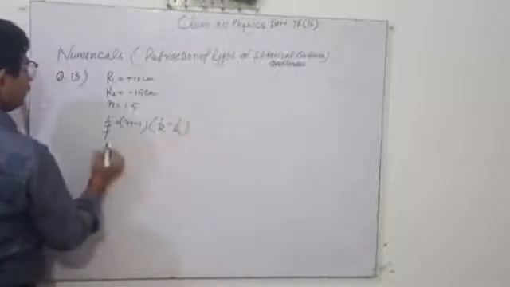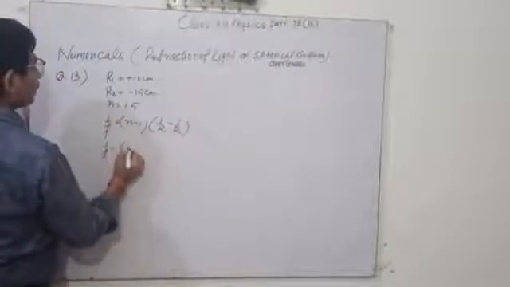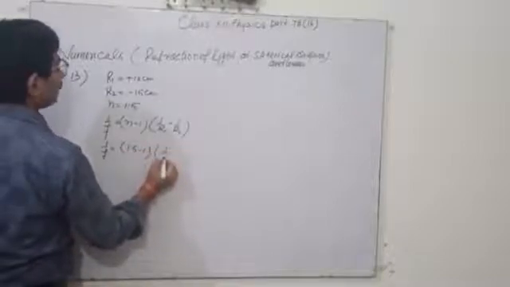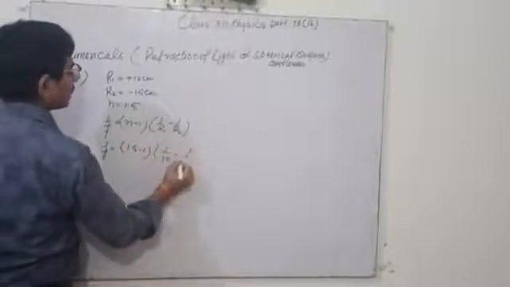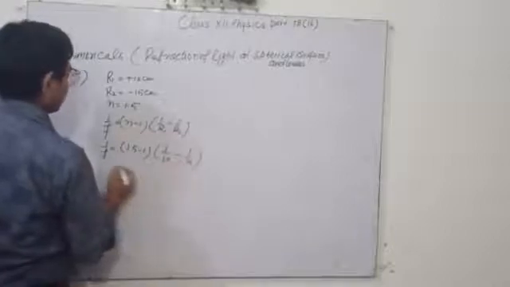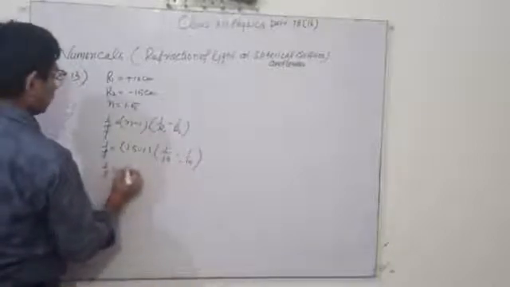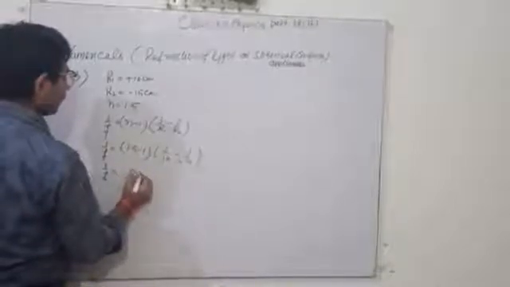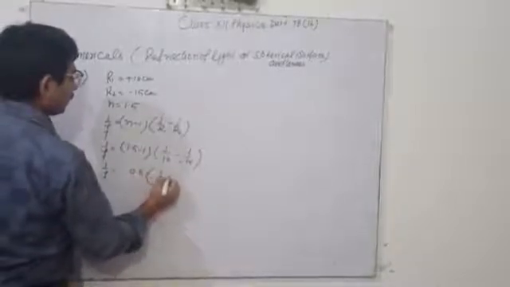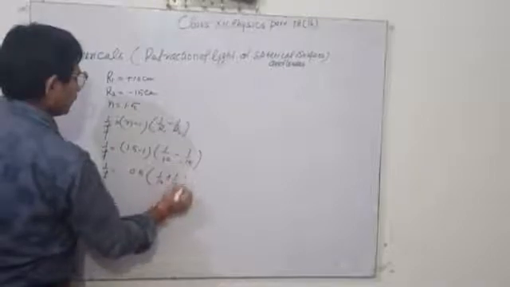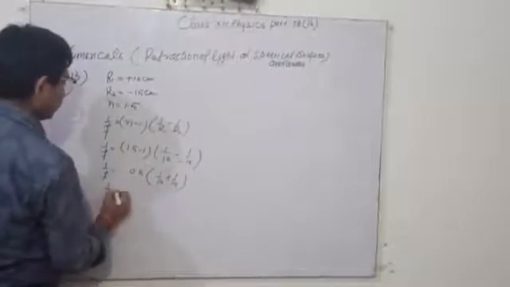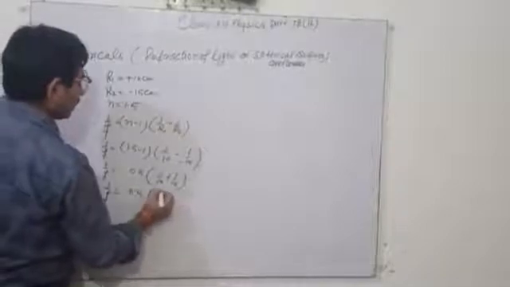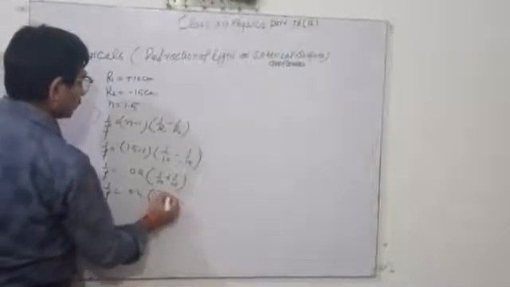Put the given values: n is 1.5, minus 1, times 1 by R1, which is 10, minus 1 by minus 15. So 1 by f equals 0.5 into (1 by 10 plus 1 by 15). The LCM is 30, giving 3 plus 2.